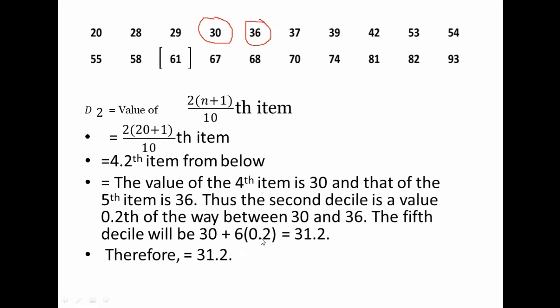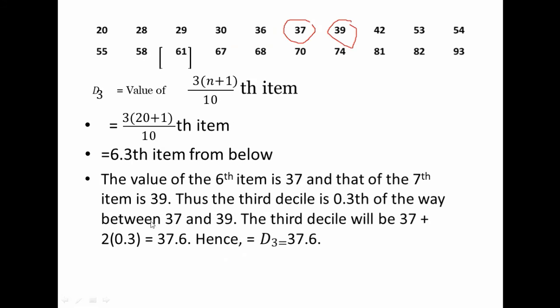And now the third decile is 0.3 of the way between 37 and 39. So the third decile will be 37 plus 2 into 0.3, hence 37.6. So D3 is 37.6.